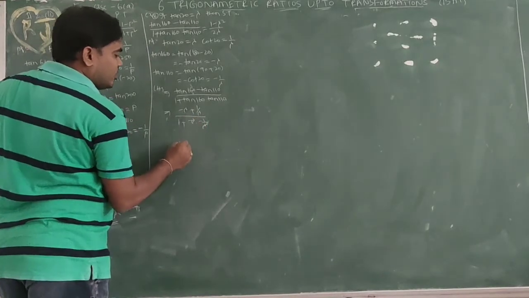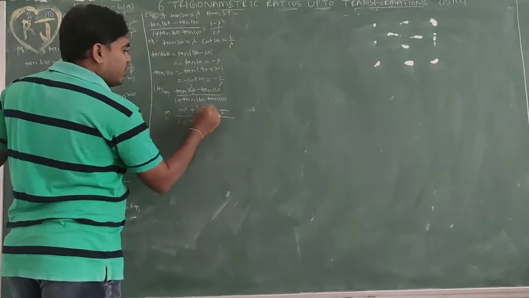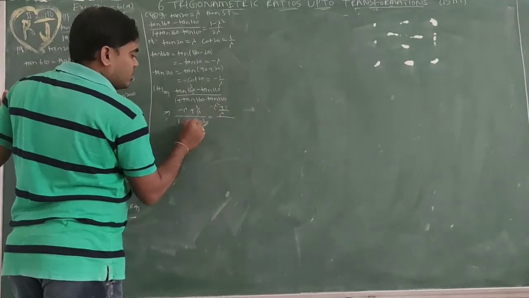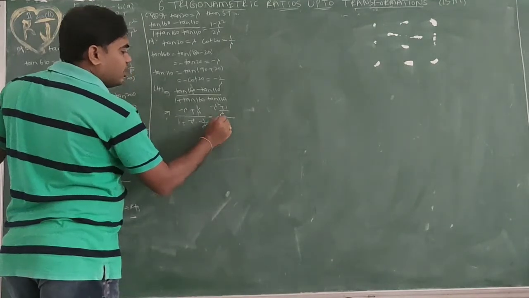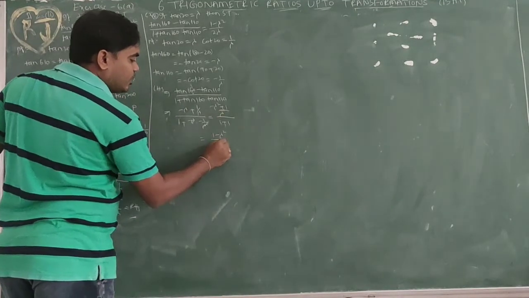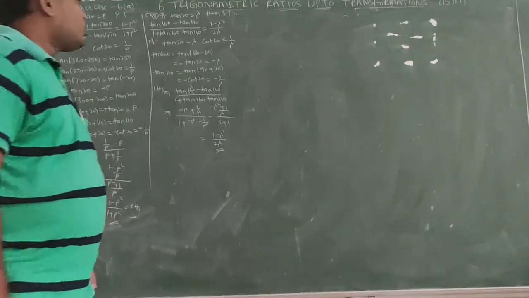The lambda cancels. So this is (1 minus lambda square) by lambda, over 1 plus 1, which is 2. So 1 minus lambda square by 2 lambda. So this is the solution.